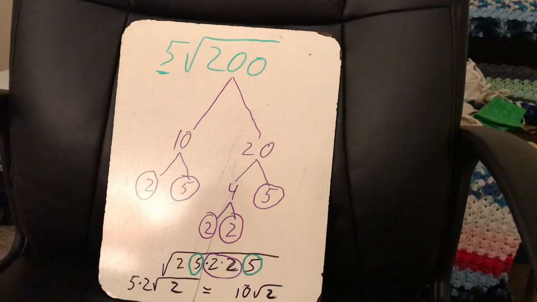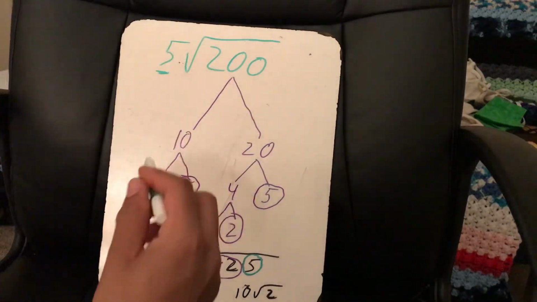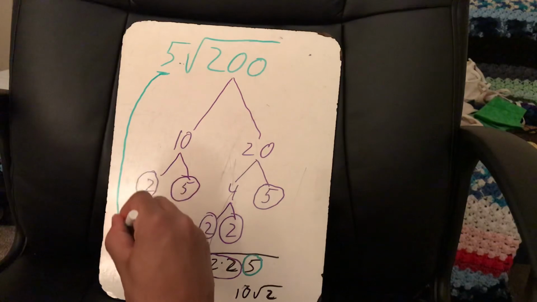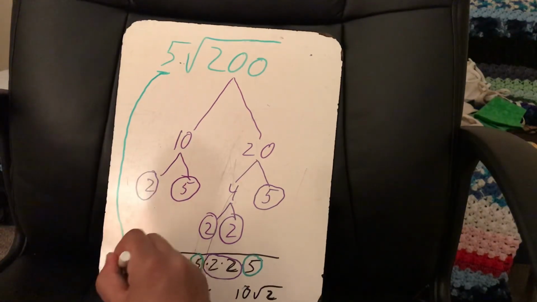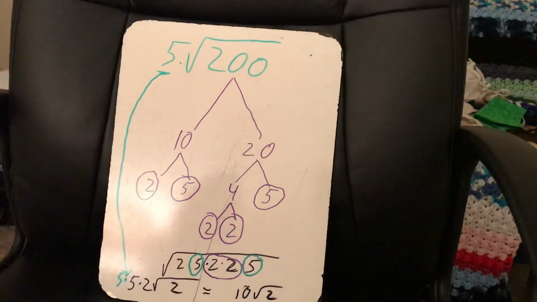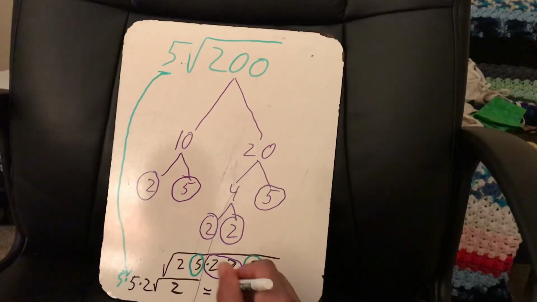Now we're almost done. At this point, we can come back up to this 5 that we had on the outside in the beginning, and it's going to stay on the outside. So we're going to bring this all the way down here, and it's going to remain on the outside as well. So now this becomes 5 times 5 times 2 times radical 2. So we need to multiply that 5 again on this side.